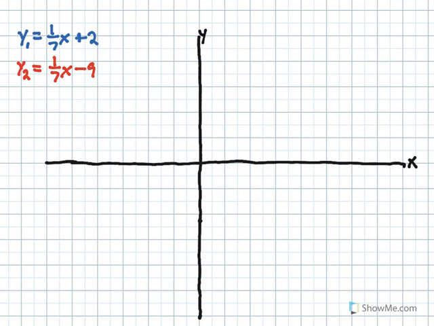So remember that for the first equation, your slope is 1/7, so your rise is up 1 unit. You're going to go up 1 unit and then 7 to the right because both numbers are positive.